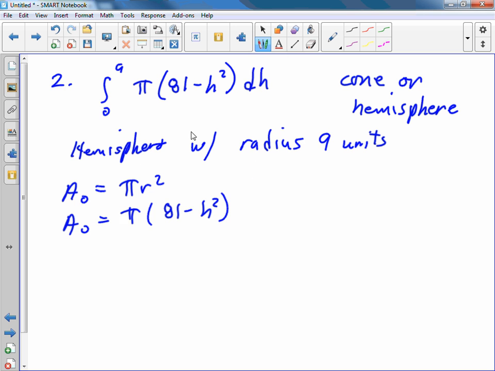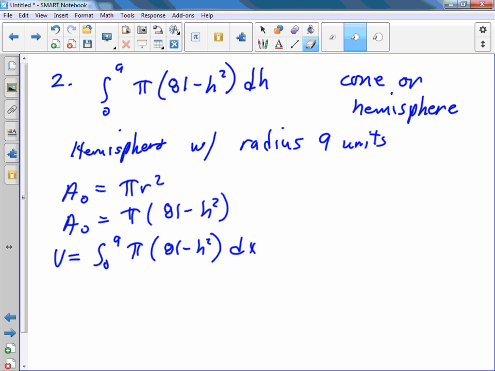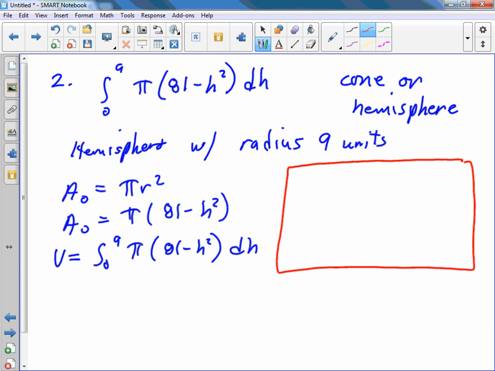So we can take the volume from 0 to 9 of pi times 81 minus h squared, which is a representation of the radius, dh, not dx. So that would give us the hemisphere, is why that came out that way. And so if that one's a hemisphere, then the other side, part B, has to be a cone.